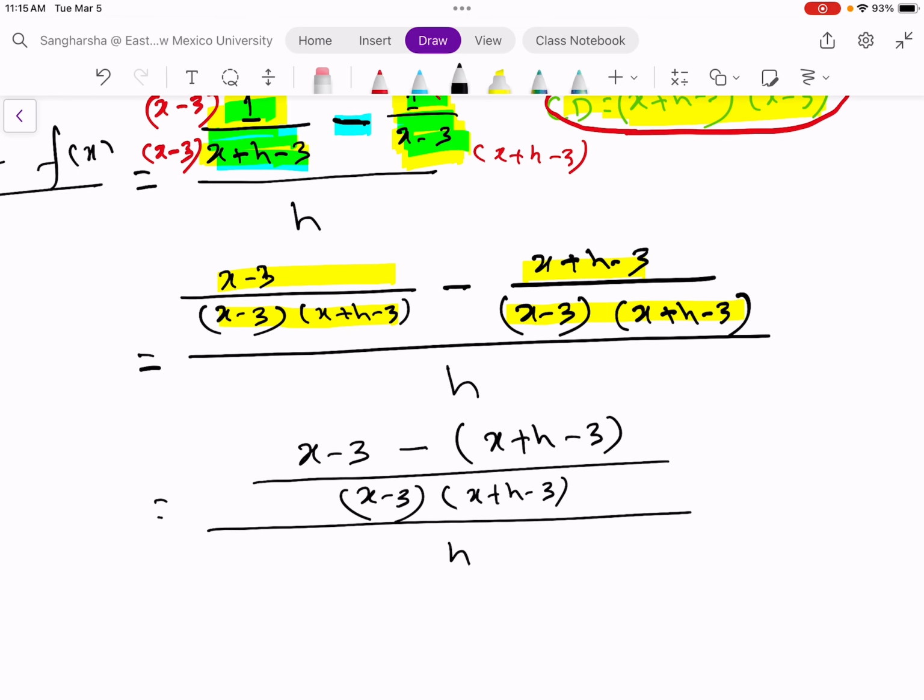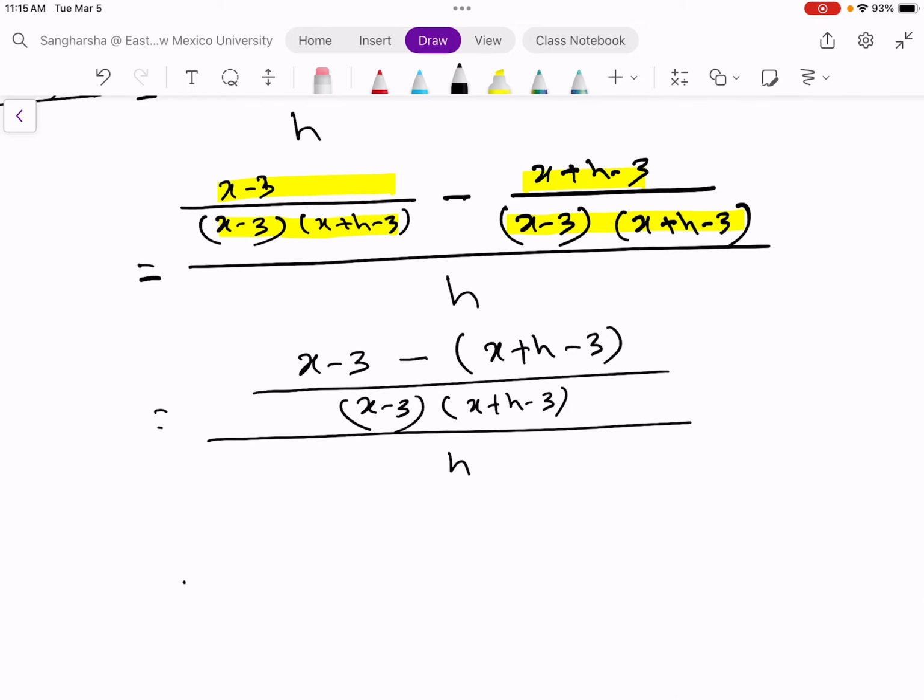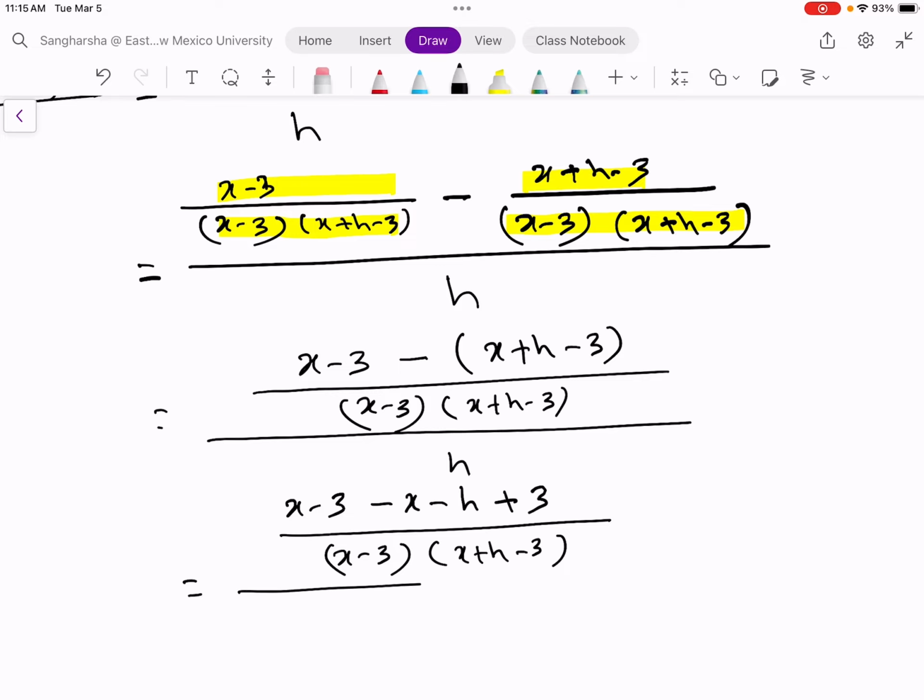Good. We have the common denominator, so we put our numerator together, and when you have the negative, make sure to have the parenthesis if it's more than one term. Okay, now let's simplify here. So we have x minus 3 as it is, negative times x, negative times positive h, negative times negative 3, that is positive 3, divided by x minus 3 times x plus h minus 3, divided by h.